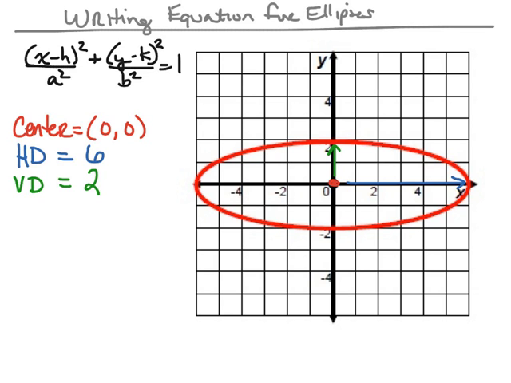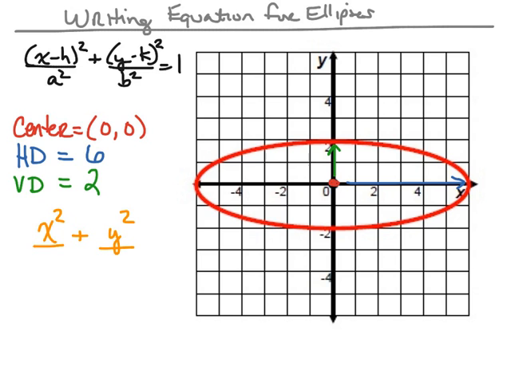Once I know the center, the horizontal distance, and the vertical distance, now I'm ready to write my equation. Since the center is at 0, 0, we'll be replacing the h and k with 0, 0, which simply means I'm going to end up with an x squared and a y squared. Now underneath the x squared, we're going to put the horizontal distance squared.